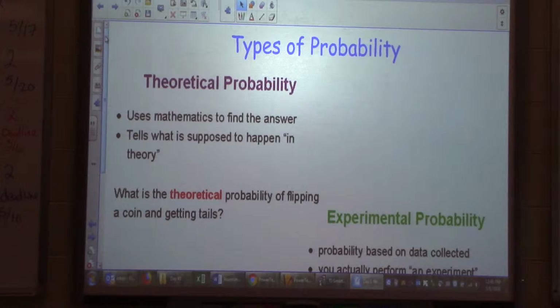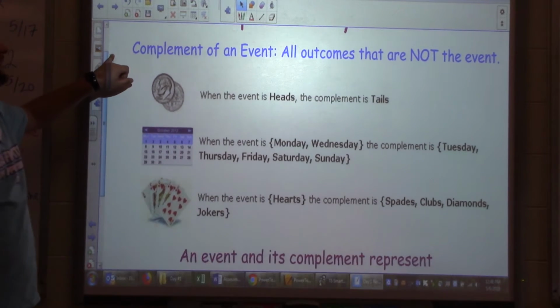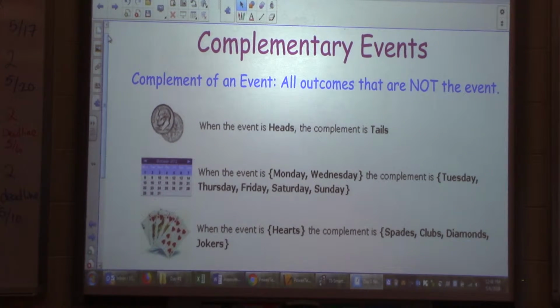If you want to give an example, you can. Like if the probability of rolling a 3 is 1/6, then the complement is 5/6. Exactly, yeah. The complement is the probability that it won't happen. So a complement event is all outcomes that are not the event. Like Mason said, if the outcome that we want is rolling a 3, and that probability is 1 out of 6, the complement will be 5 out of 6.